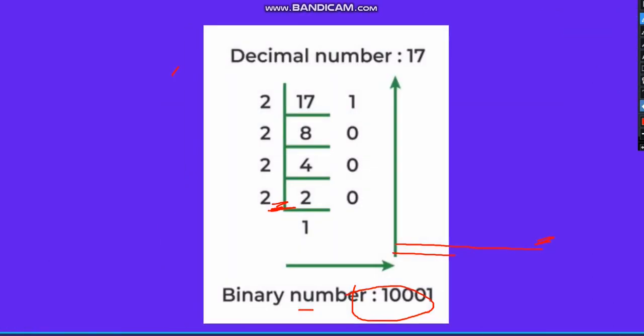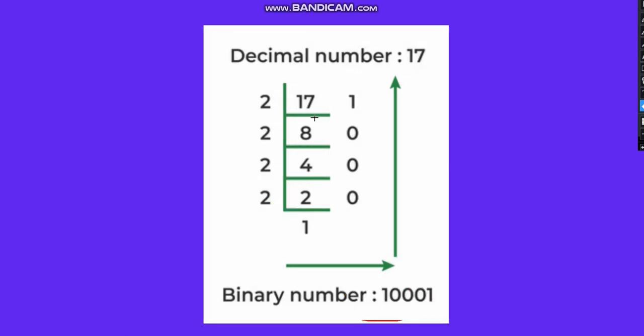So we have this example over here. As you can see, 17 is our decimal number. We divided 17, we got 8 as a quotient and a remainder 1. Then we divided 8 with 2 again, we got a remainder 0 and a quotient 4. Then we divided this 4 with 2 again, we got a quotient 2 and a remainder 0. Then we divided this 2 with 2 again and we got a remainder 0 and a quotient 1, and after that we will get a quotient 0.